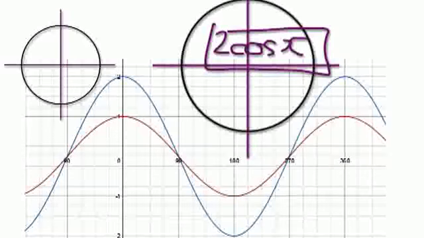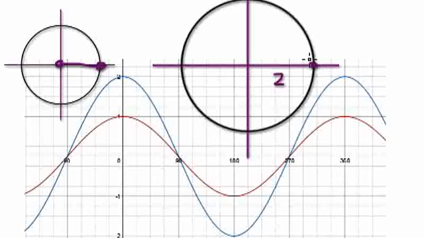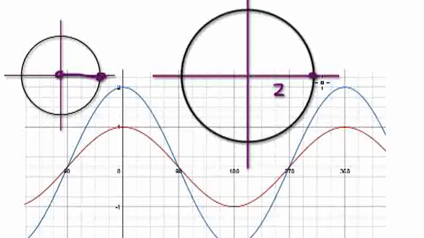Here you've got a circle of radius 1, and here you've got a circle of radius 2. When the angle is 0, you can see that from here to here is 2.